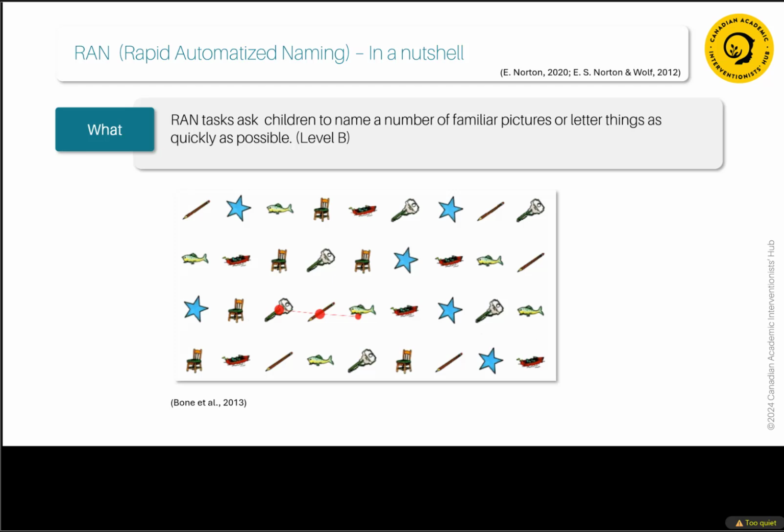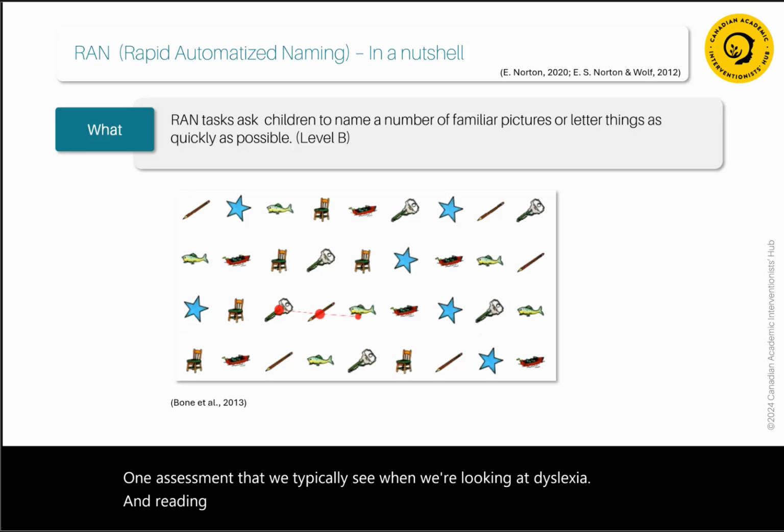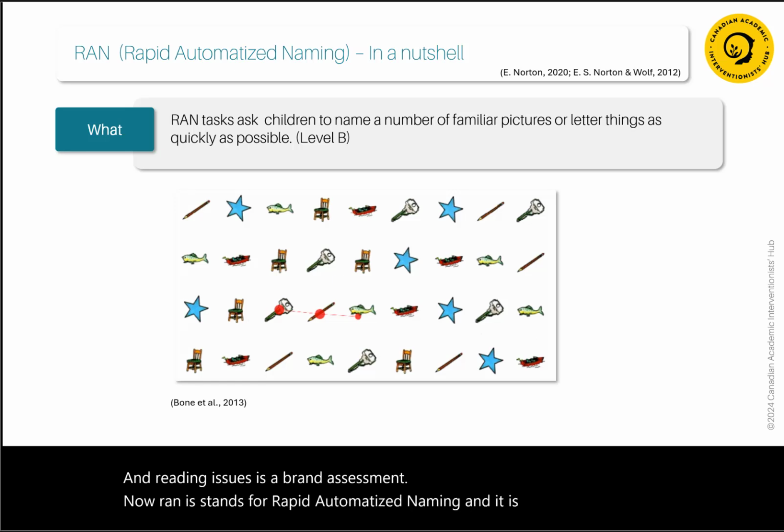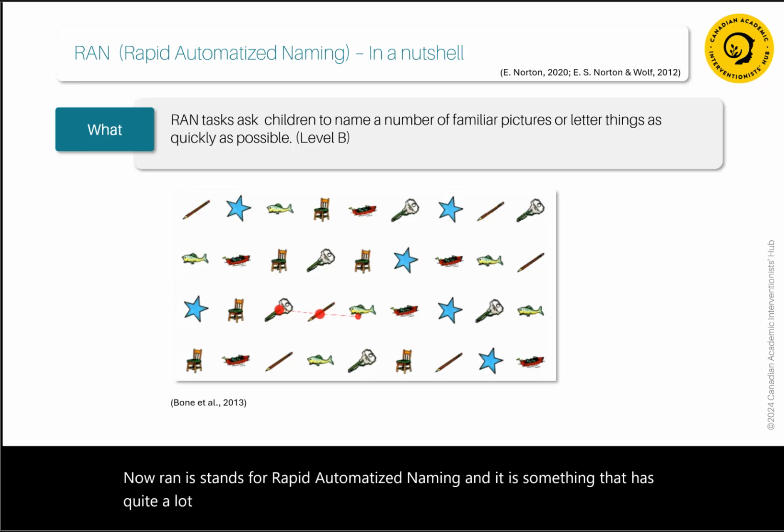One assessment that we typically see when we're looking at dyslexia and reading issues is a RAN assessment. Now, RAN stands for Rapid Automatized Naming, and it is something that has quite a lot of research and evidence behind it. So, what is it?